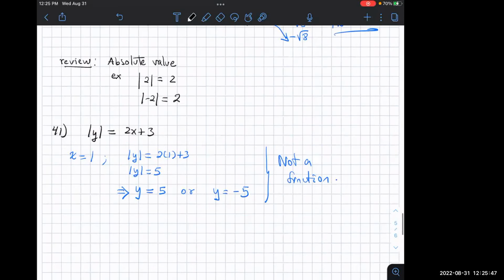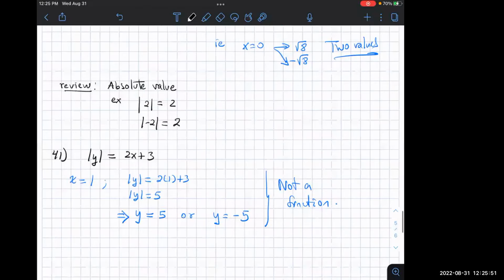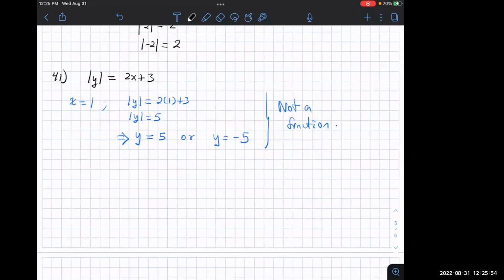So we have an idea of what is a function and what is not a function, or how to approach it. Now the next thing is, any equation in x and y gives you a relation, but some of them are functions. So we want to distinguish between a function and a relation. So we have a function notation.